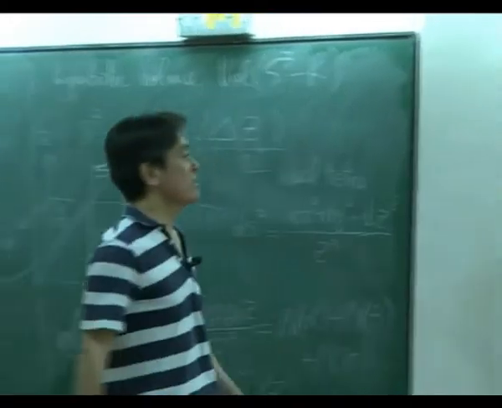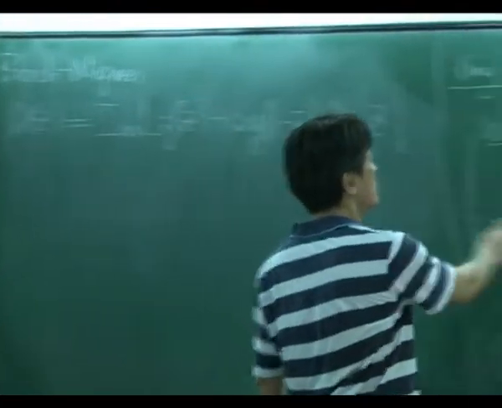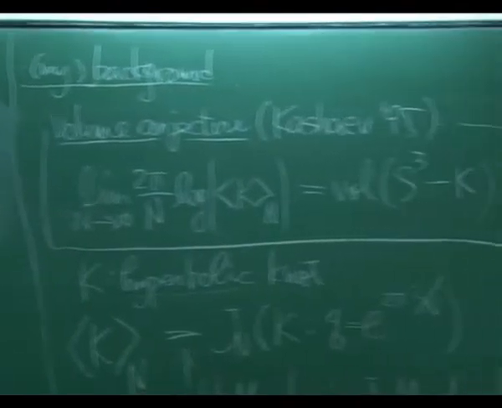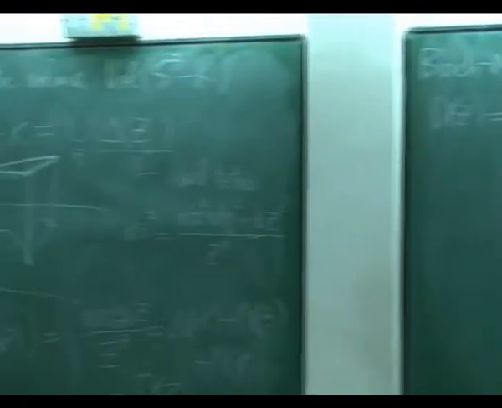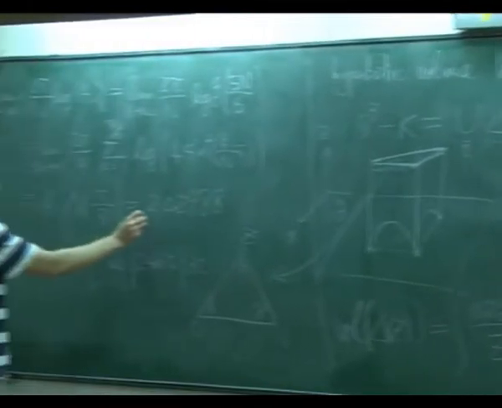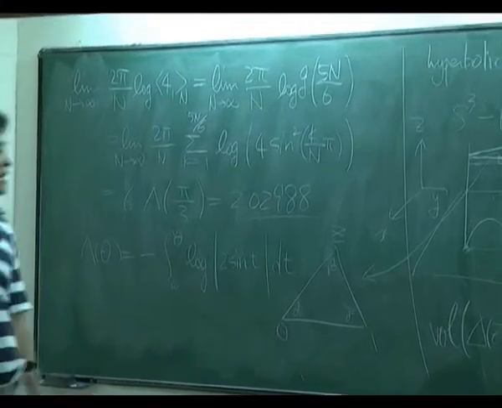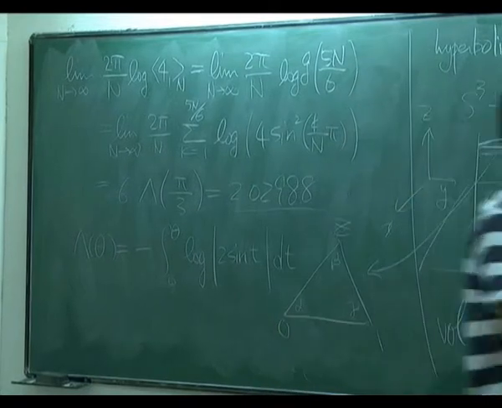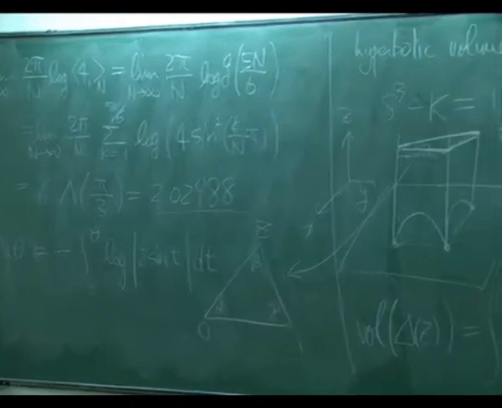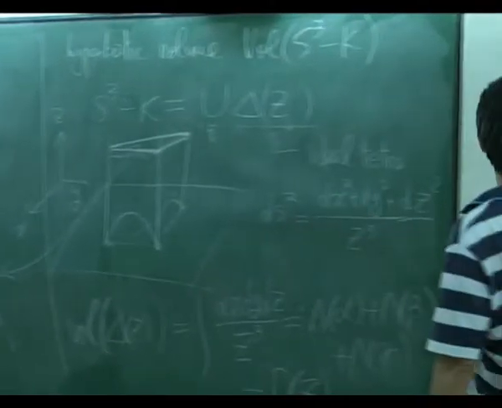So that is the definition. To check that this volume conjecture is correct for one case, this number must coincide with the hyperbolic volume of the complement of the figure eight knot.